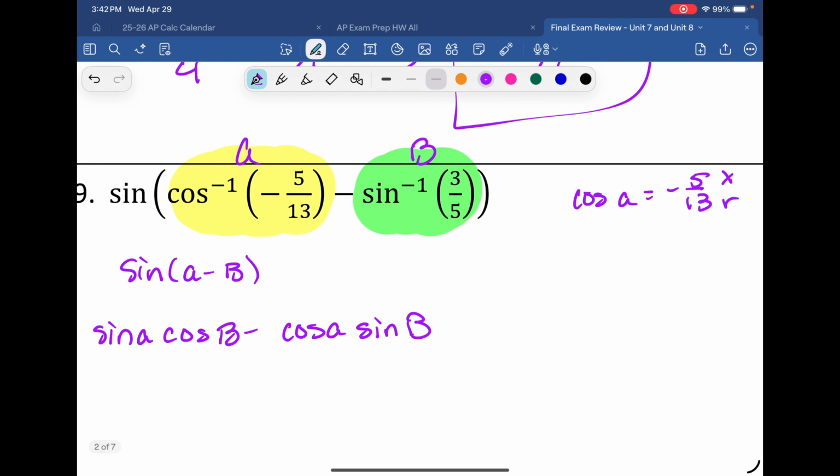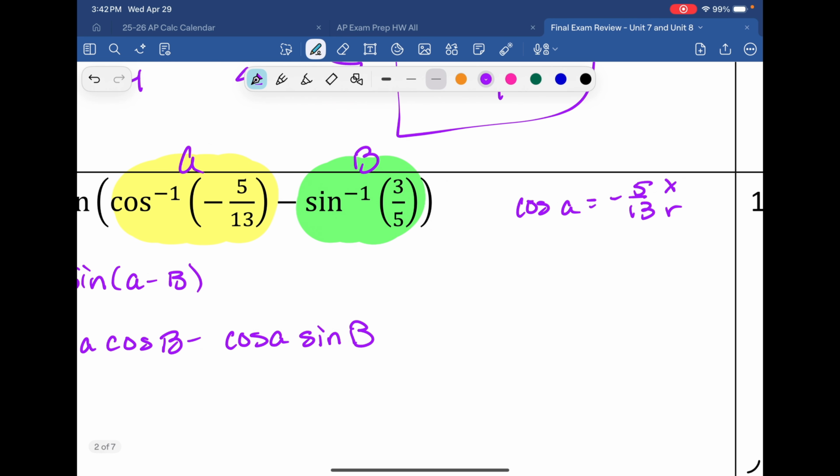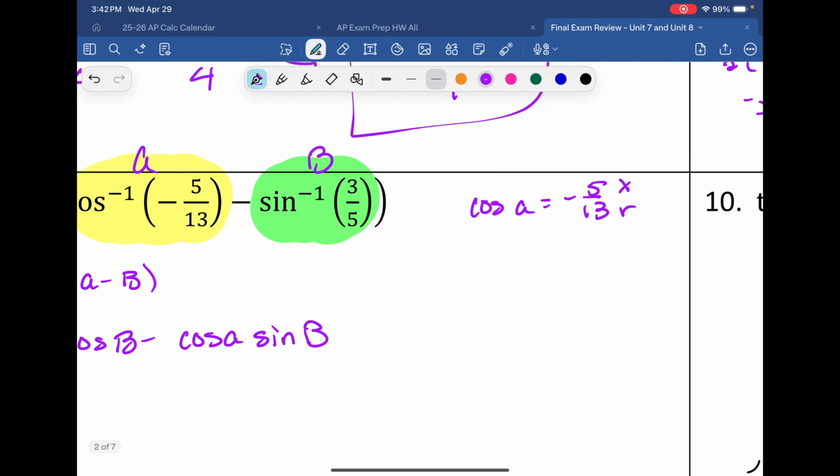I'm eventually going to need the sine of that, so I need the y. x squared plus y squared equals radius squared, so the y is 12, which means sine alpha equals 12 over 13.